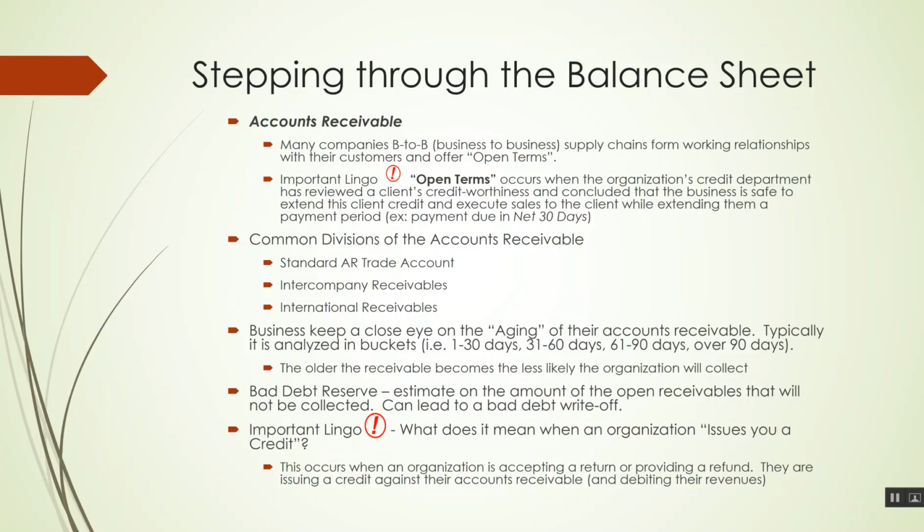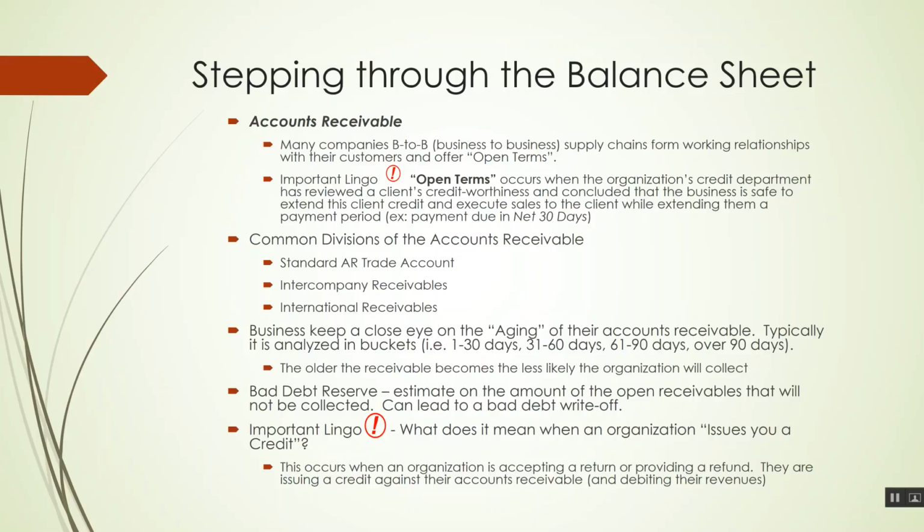What do I anticipate having to write off due to a bad debt? They'll put a reserve on the books for that, just to give auditors and management an estimate of, okay, this is our current receivables, but this is what we probably anticipate writing off.